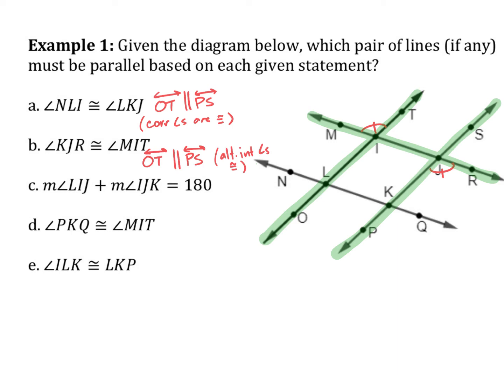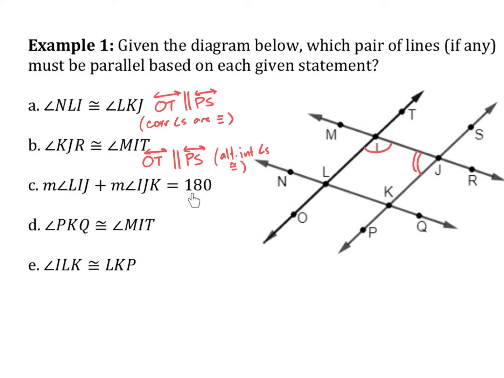So let me get rid of all my markings here. Okay, part C says that angle LIJ, so I'm going to put a mark on angle LIJ, and angle IJK, so I'm going to put not the same mark, because it doesn't say that these two are congruent.